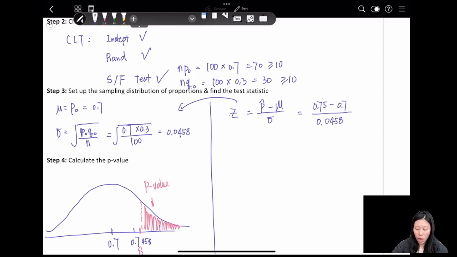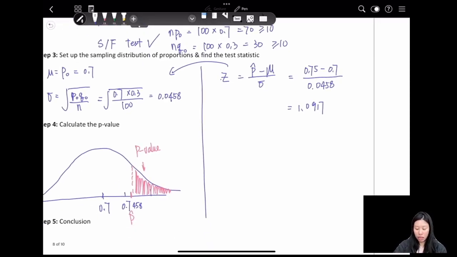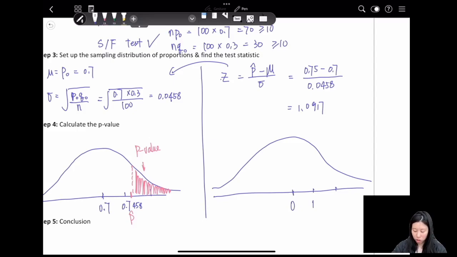Okay, so we end up having z equals 1.0917. Remember, the z-score is built around a standardized normal distribution with the center at 0, then 1, 2, 3. So 1.0917 is approximately our z-score here.